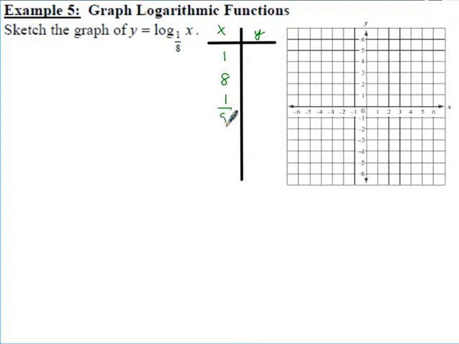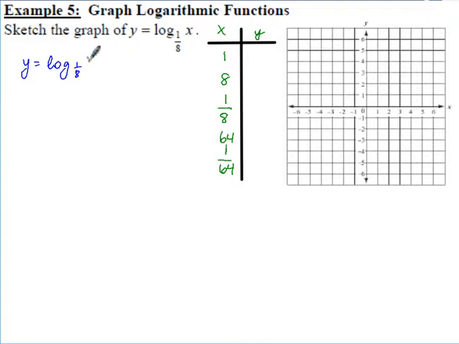So if we plug in the log of 1, we're going to say y equals log base 1/8 of 1. So if we plug 1 in here, remember if you ever have a 1 here, it's always equal to 0. So that's a 0.